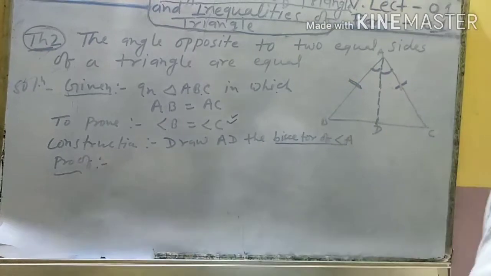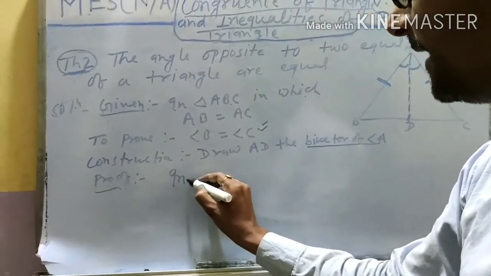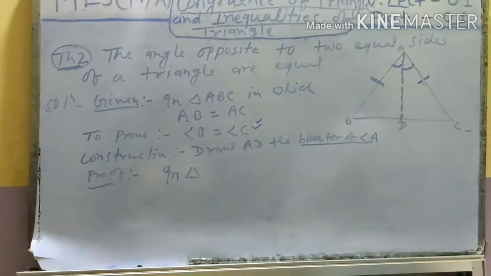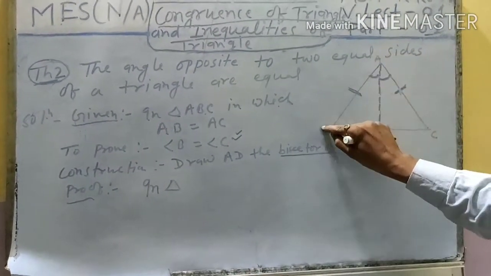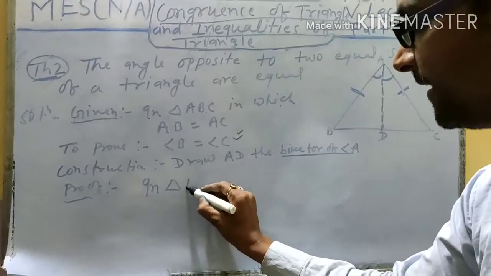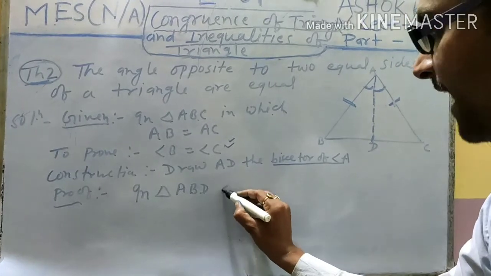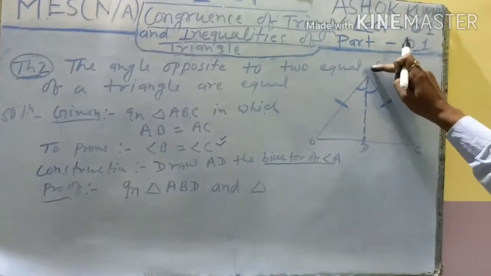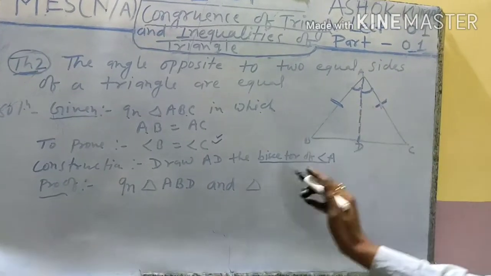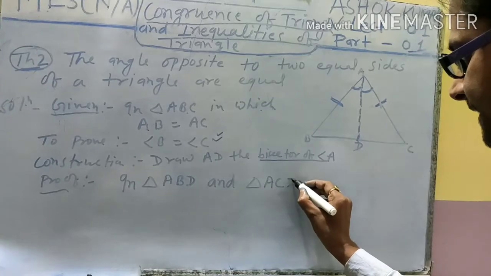Here is the proof. How to prove the congruency case, student? First write down in triangle. Here are the two triangles. In triangle ABD and triangle ACD.